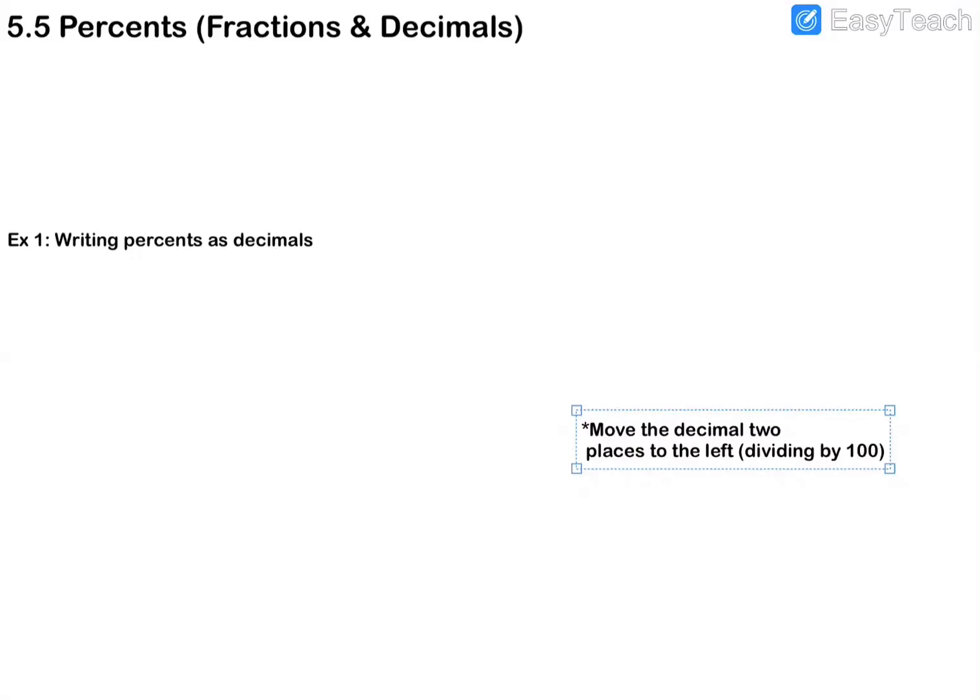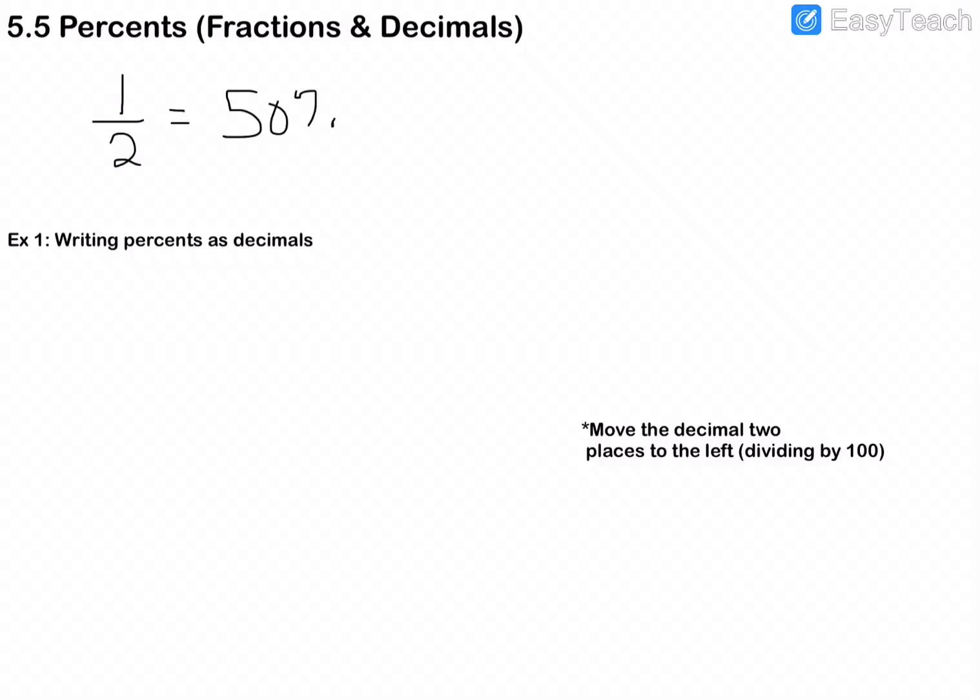Okay, so let's start with this part. When we talk about percents, fractions, and decimals, those are 3 different ways that we can write a number. So for example, if I have 1/2, 1/2 can also be written as 50%, and it can also be written as 0.50.